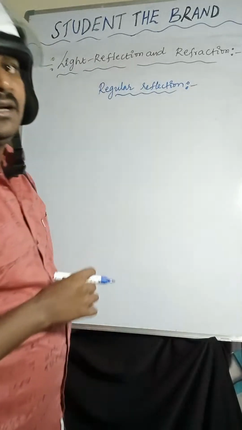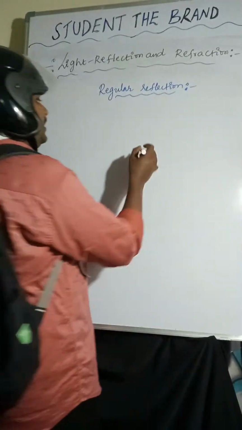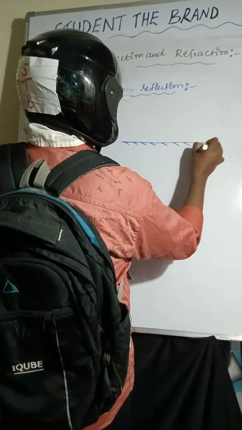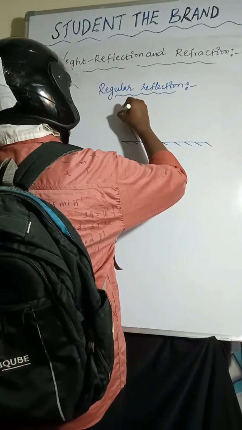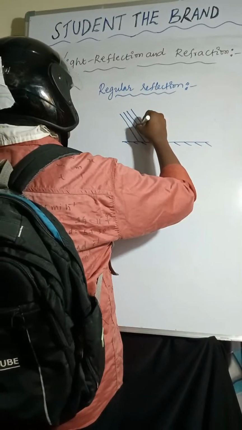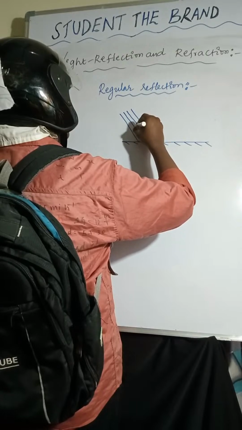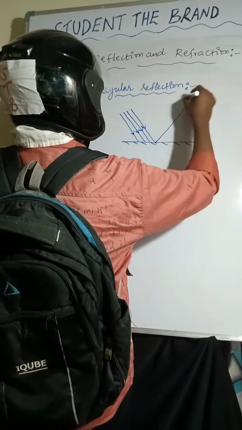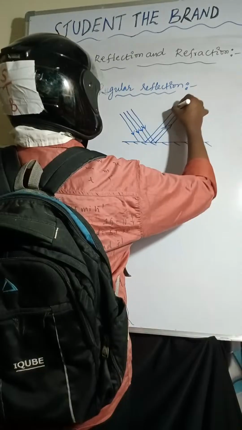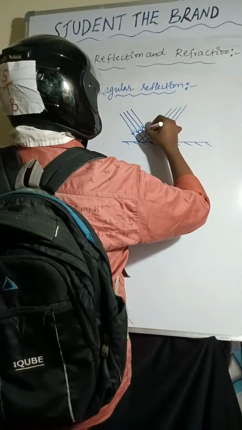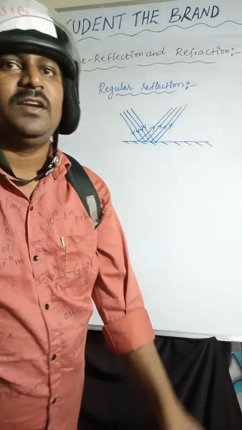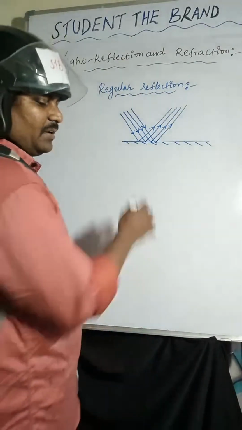Regular reflection is nothing but, if the incident beam is parallel, then the reflected beam is also parallel. That type of reflection is called regular reflection.